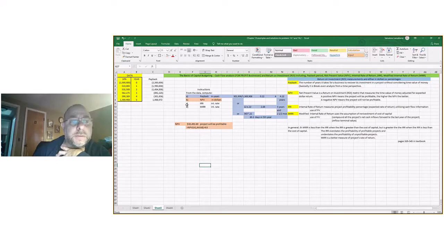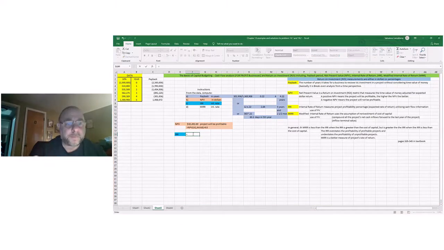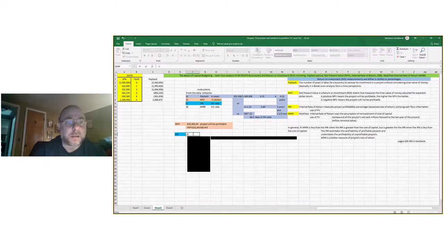So now let's do the internal rate of return. Okay, let's go deep blue. So to do the IRR, what I'm going to do here is hit equals and then type in IRR and open the parentheses.